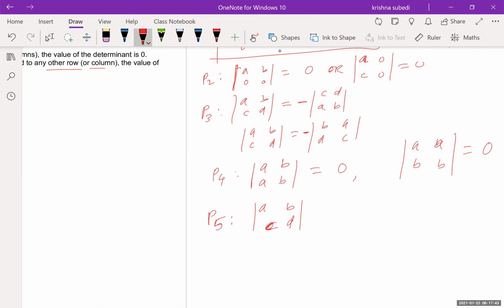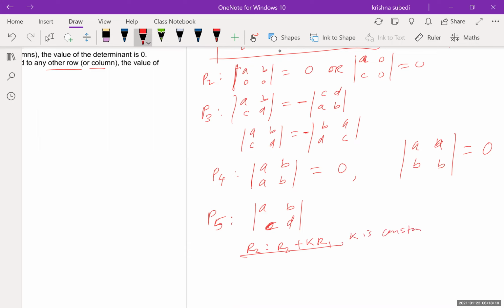Now I want to do some row operation here. I want to do it in R2, for example, or in R1, doesn't matter. I want to do R2 plus, let's say, K R1, for example. K is a constant.